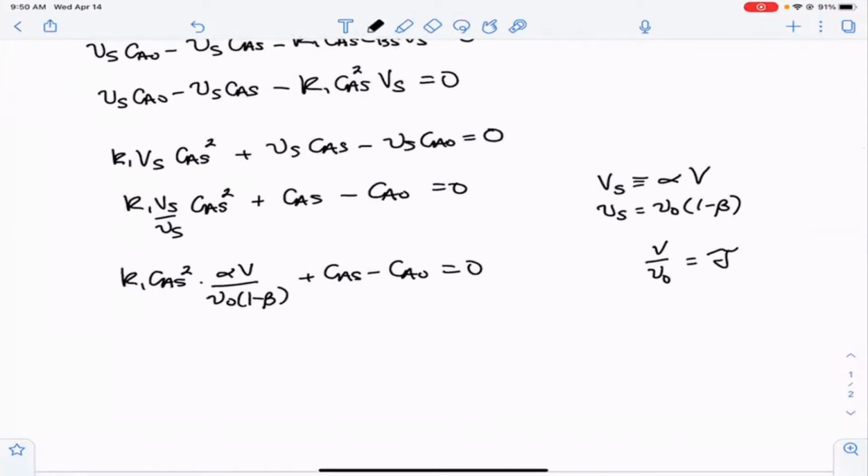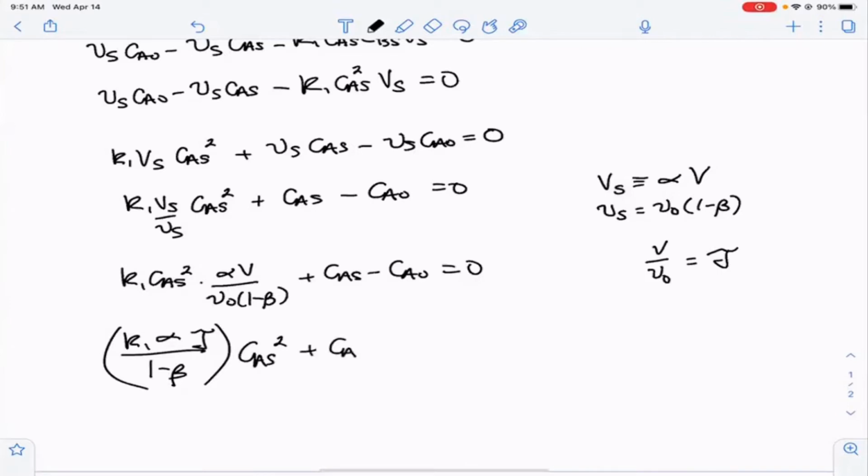And because of that, we can simplify this a little bit more and get that this is K1 times alpha times tau over 1 minus beta, and these are all going to be constants, times CAS squared plus CAS minus CA0 is equal to 0, okay?